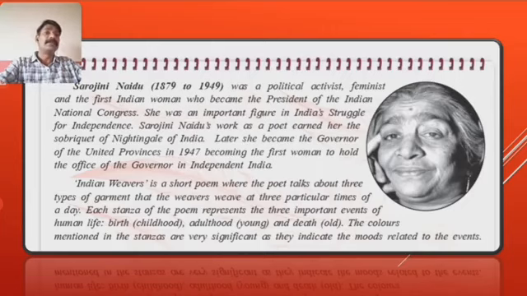She was an important figure of the Indian struggle for independence. Sarojini Naidu's work as a poet earned her the sobriquet of the Nightingale of India. Sobriquet means some literary people are known by a different name. In Marathi we call it topan. Many literary figures are known with such a sobriquet, and she has also earned the sobriquet of the Nightingale of India.